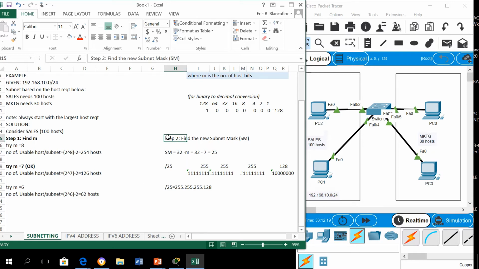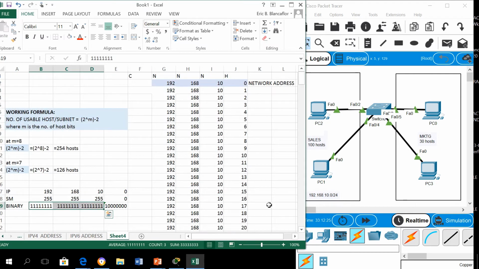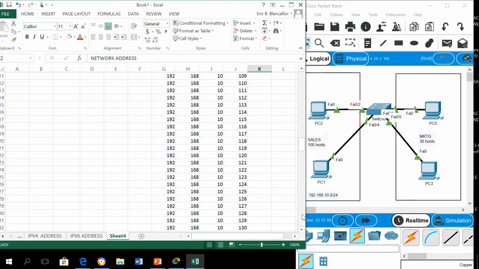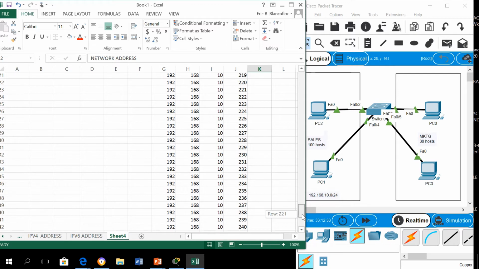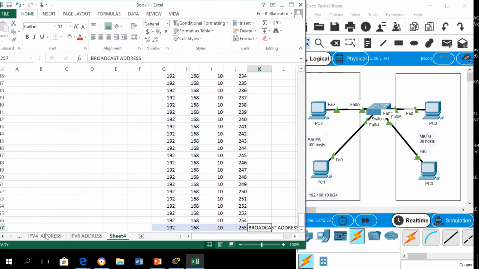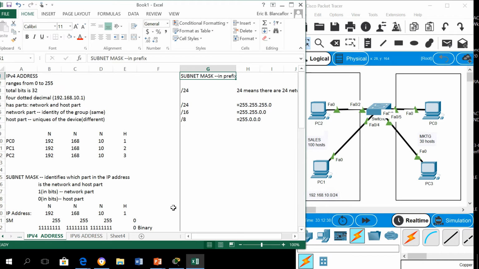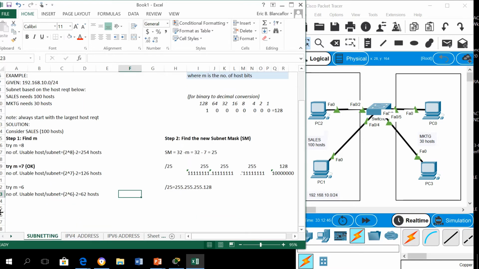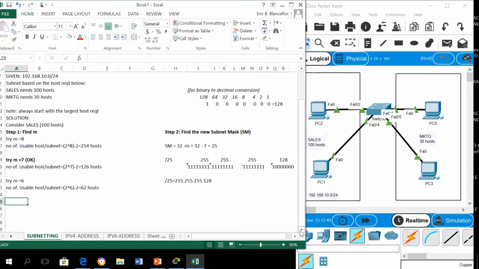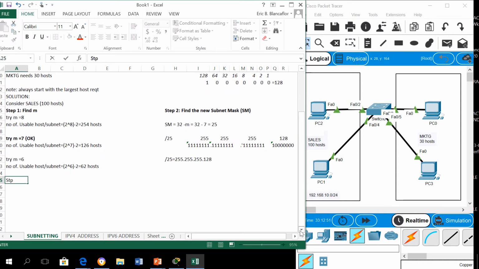Our next step is, take note that in a given network, there's always one network address, one broadcast, and a range of host addresses. Step 3 is to know the network address.